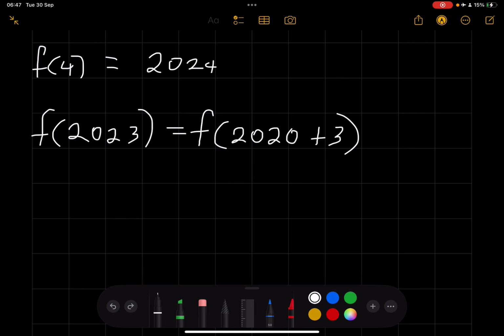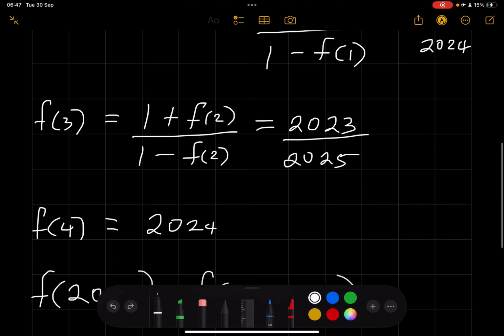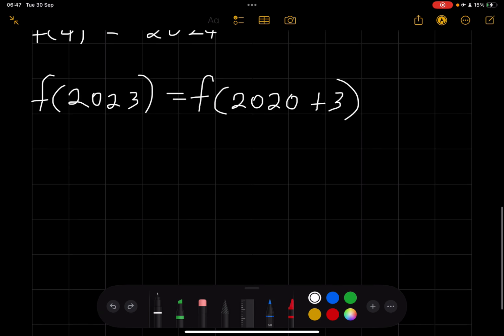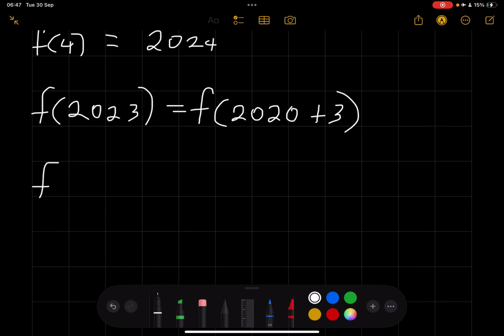It's like f(0) basically. So here it's like we just have f(3), because 2020 is like 0, plus 3.